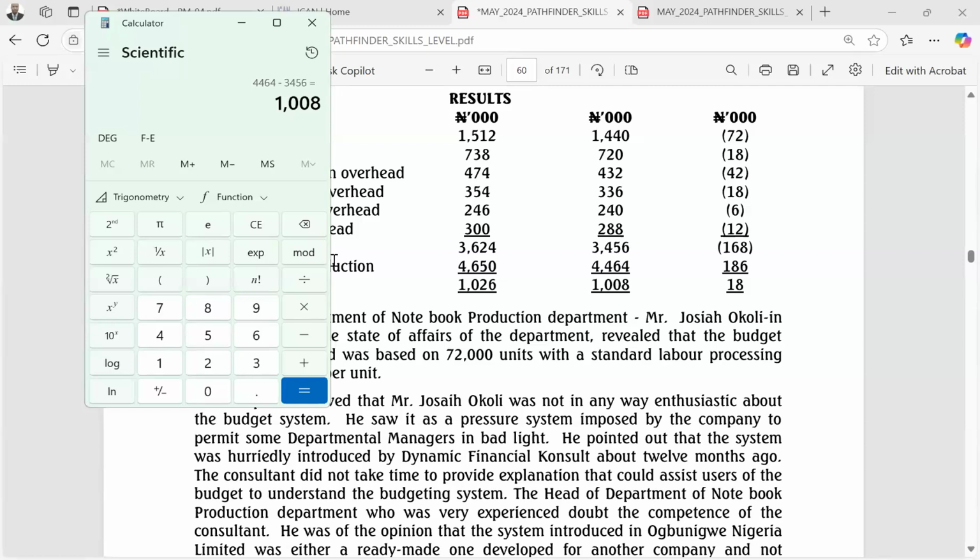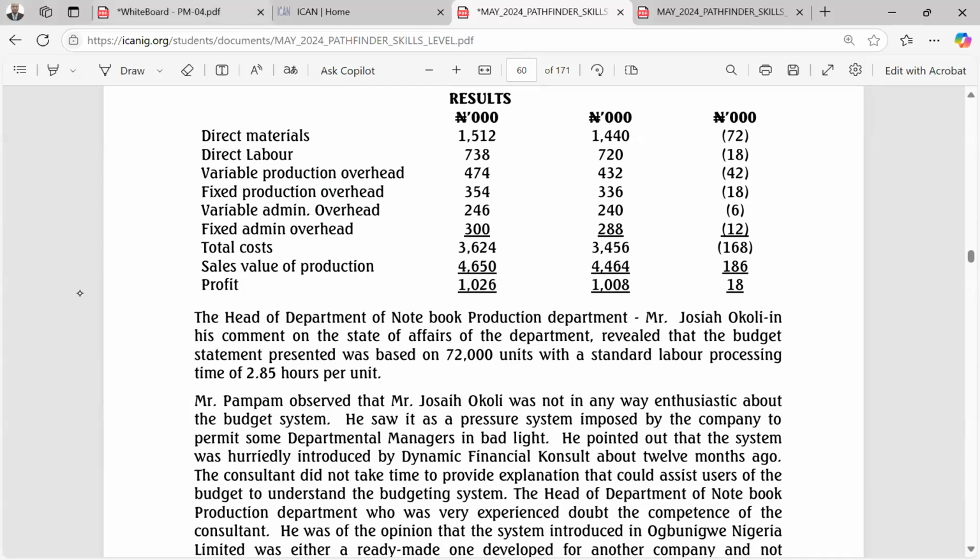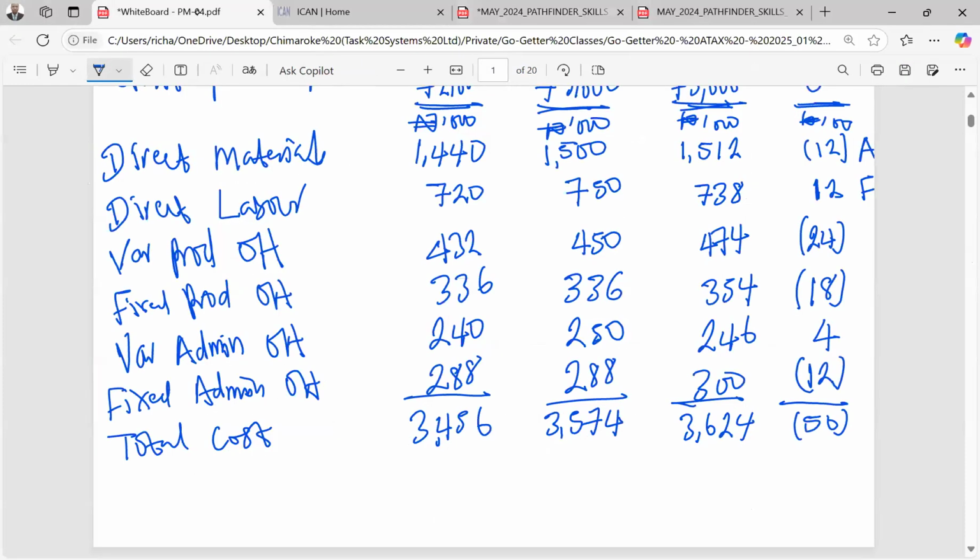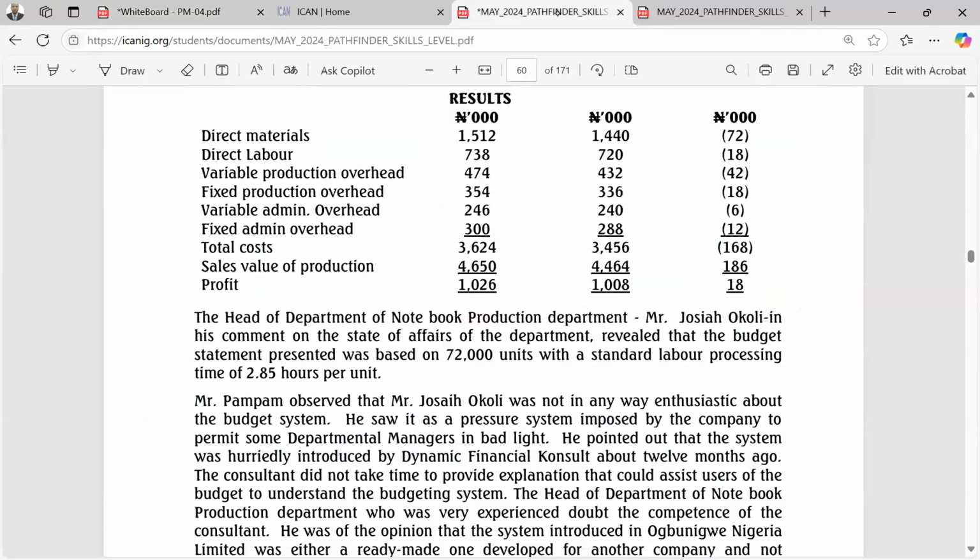Actual result is 4650. So this is sales of production. Then this should be profit. So here, what was our profit?